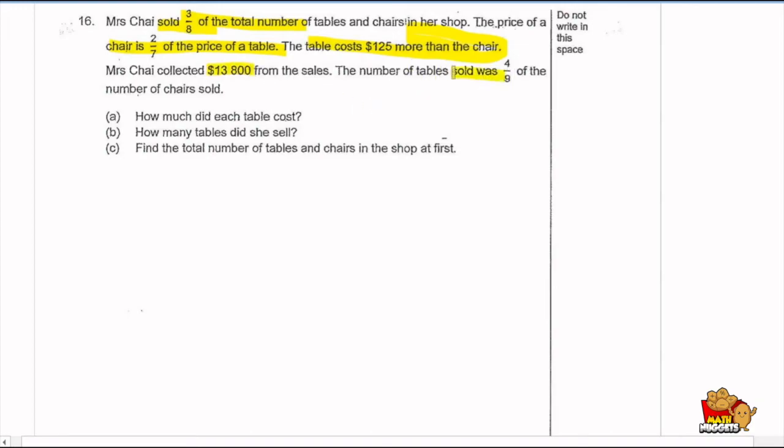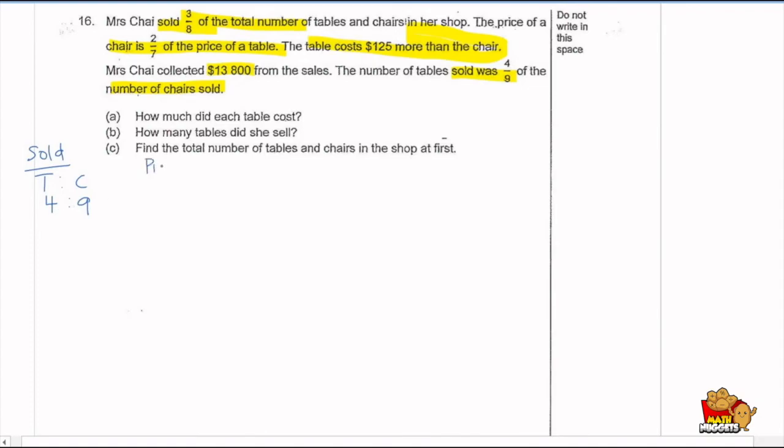And this is the fraction that was sold. So I'm going to start with the sold and the price. Tables sold 4, chairs sold 9. So this tells us that in one set, for every 4 tables sold, there will be 9 chairs sold.